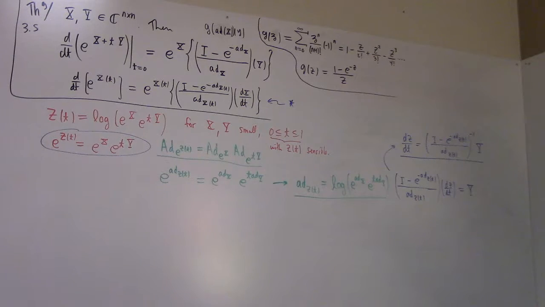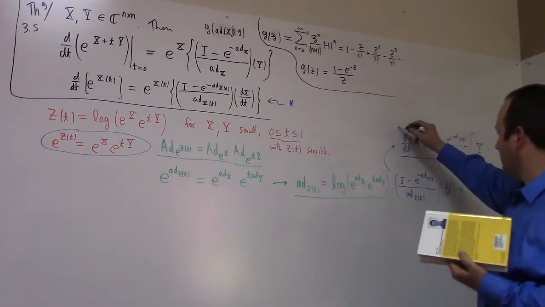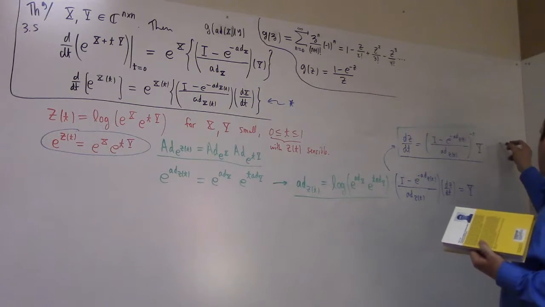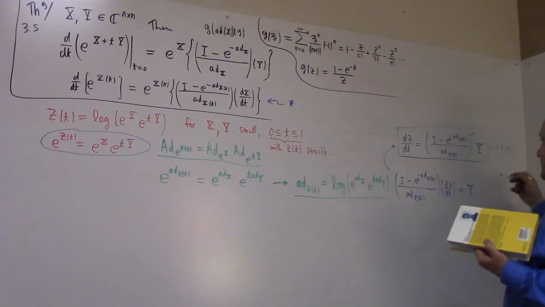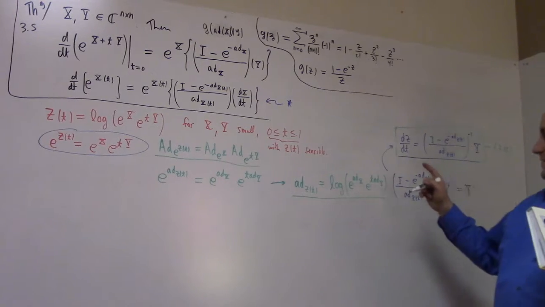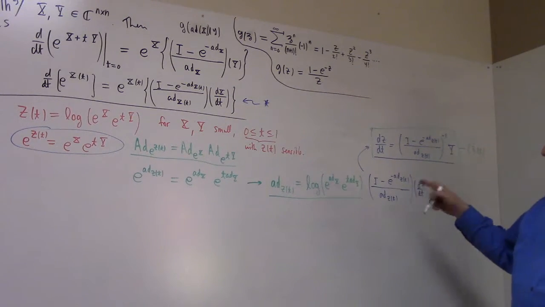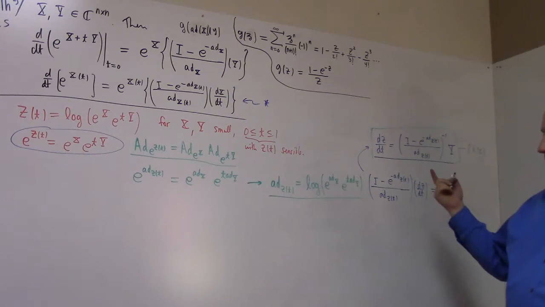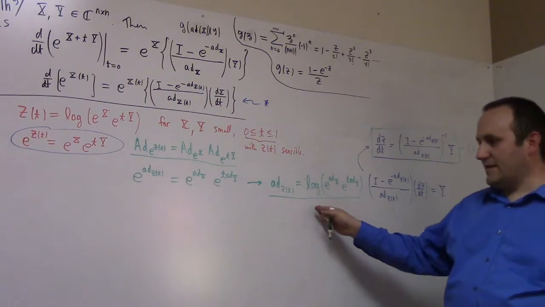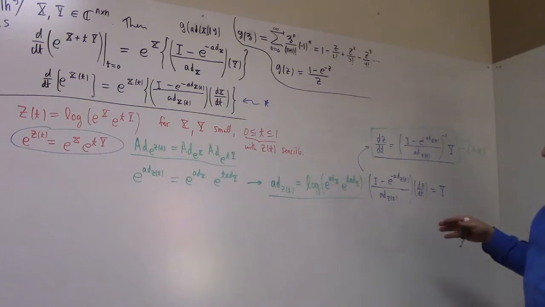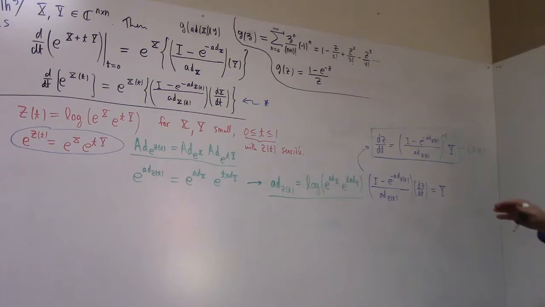Now what he says is plug this into 3.15. What's 3.15? 3.15 is this contraption up here. So he says combine this and that, and what happens?